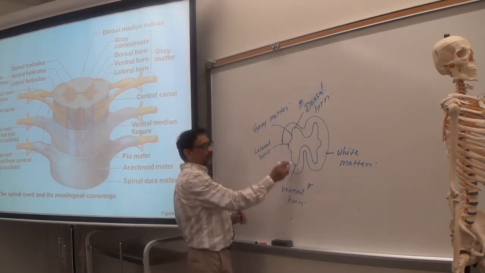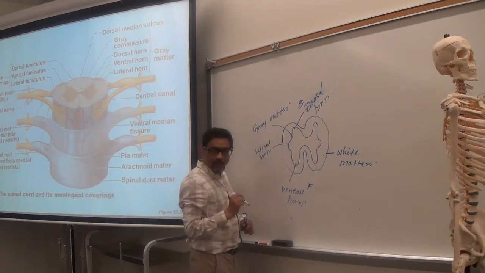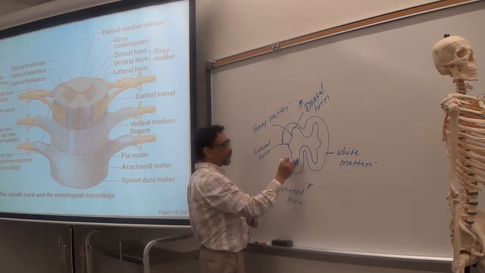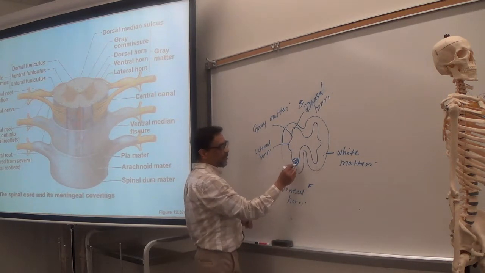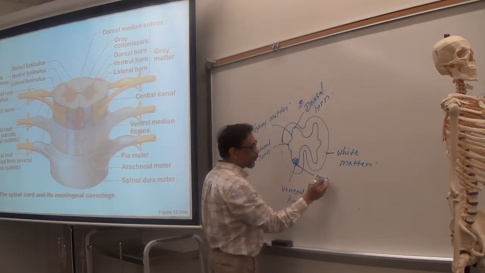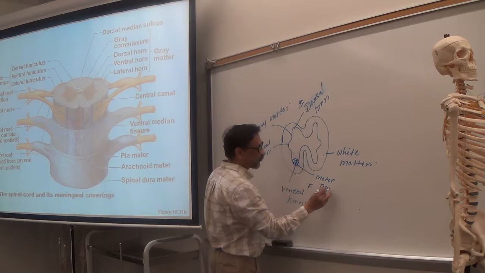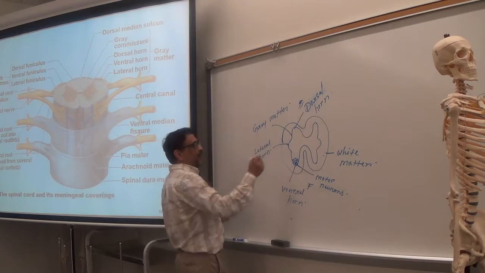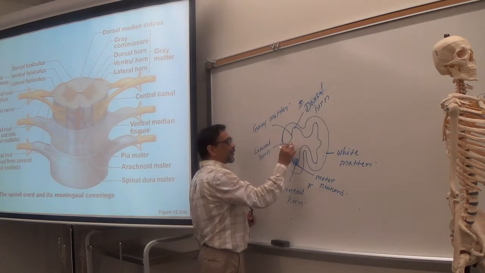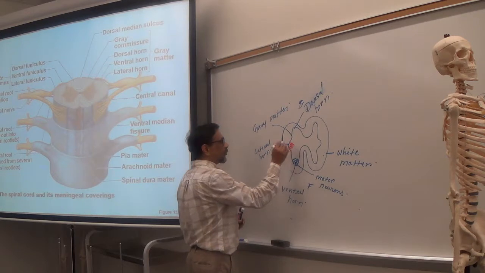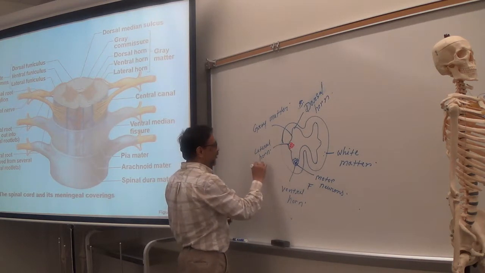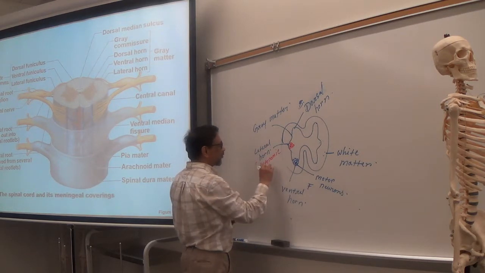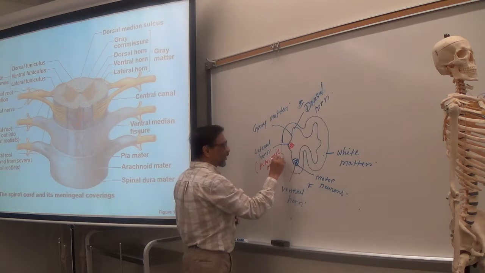Now, in the three horns, you have three types of neurons. In the ventral horn, these neurons are motor neurons. In the lateral horn, you have autonomic neurons.